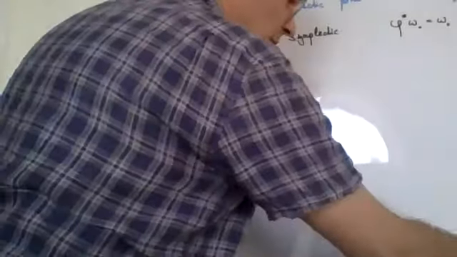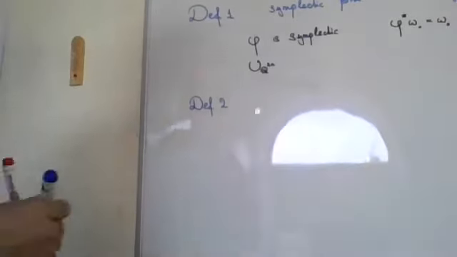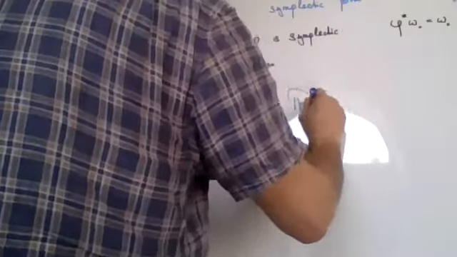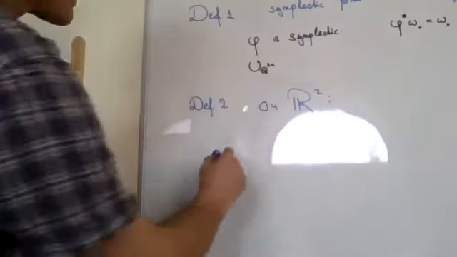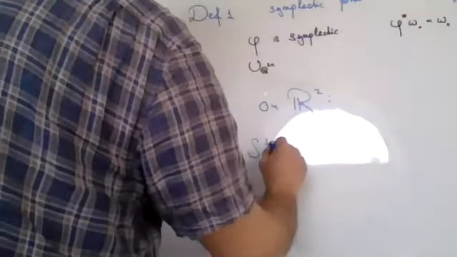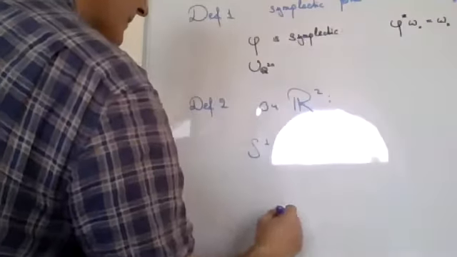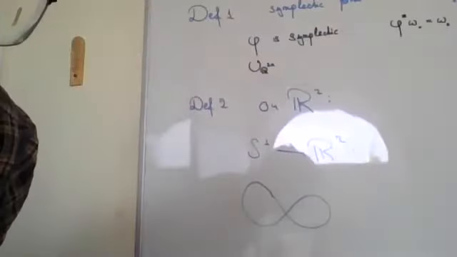Definition two goes like this. First I want to say what a symplectic structure is on R^2. On R^2, I take immersed curves, smooth maps from S^1 to the plane, something like this. And they are oriented, the curves are oriented.